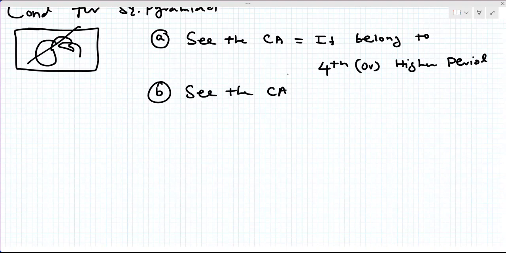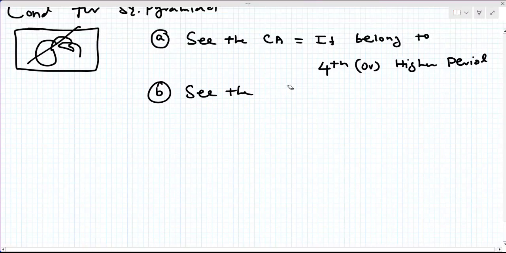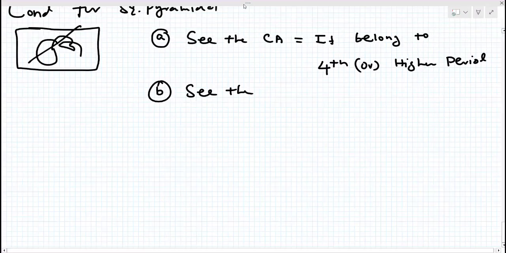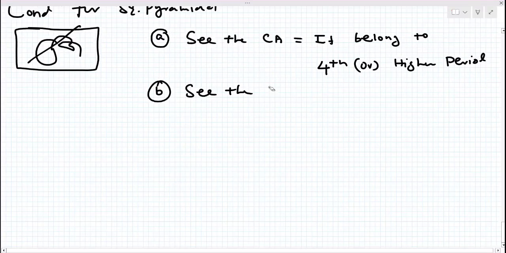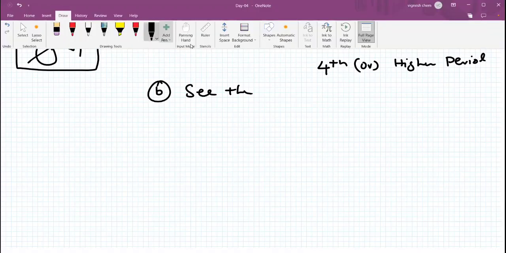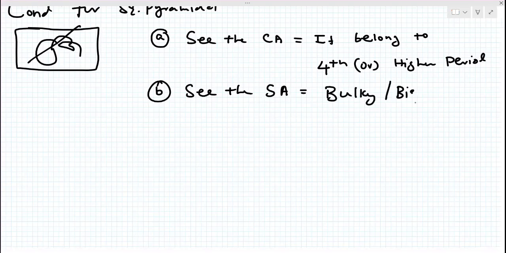See the surrounding atom. It has a bulky or bigger group. Bulky or bigger group.